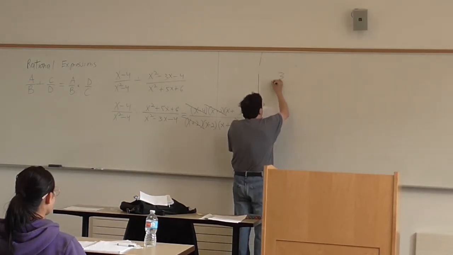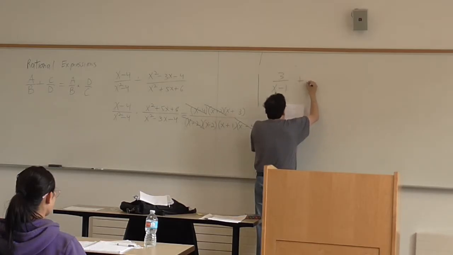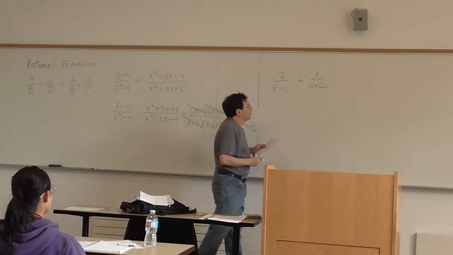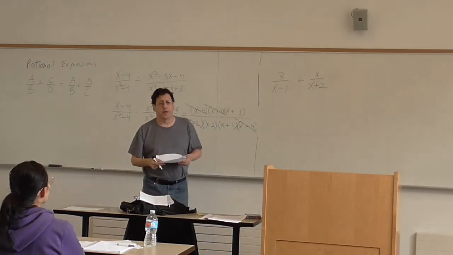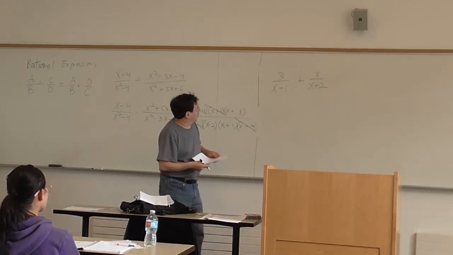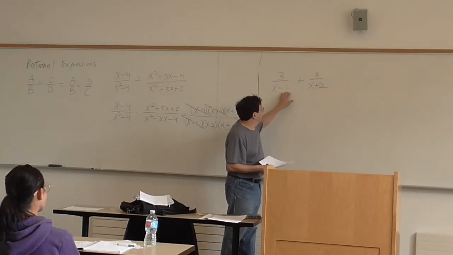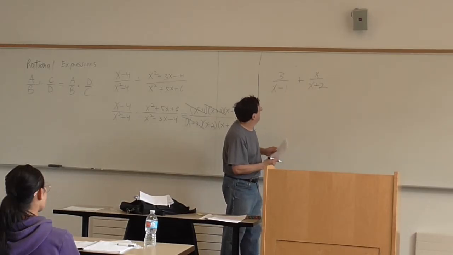I want to add two rational expressions. Well, now I need a common denominator. So the common denominator here is going to be x minus 1 times x plus 2.